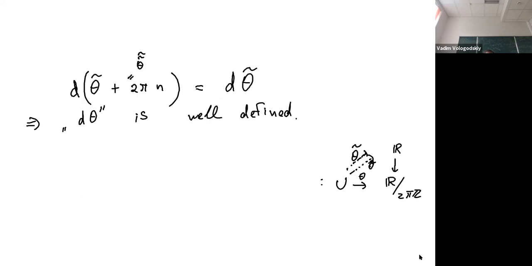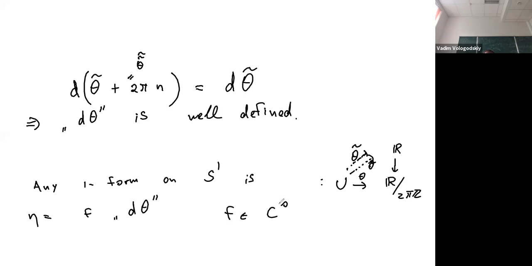That's an important observation. Now any one form on S1 can be written as a function times this d theta, where f is a smooth function on S1.